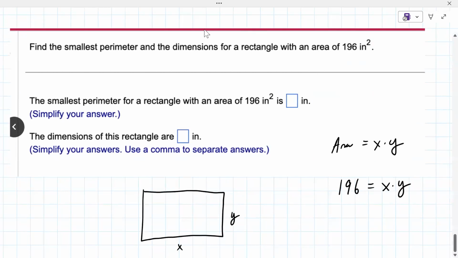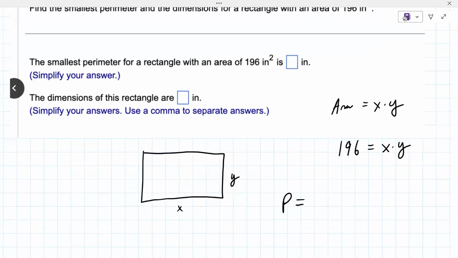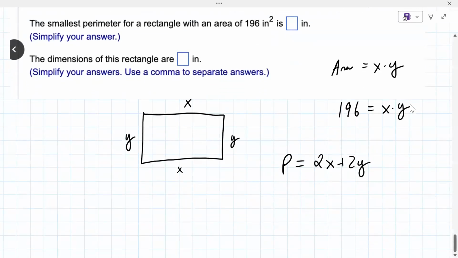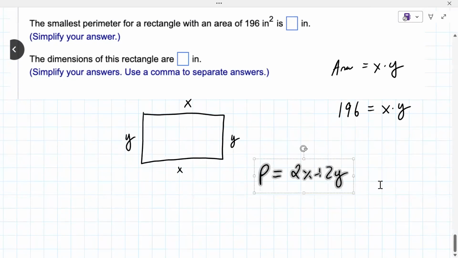Now we're interested in the perimeter. The perimeter is 2x plus 2y. We can solve this equation for x or y. Typically you solve it for y, because we're just more used to doing everything in terms of x.